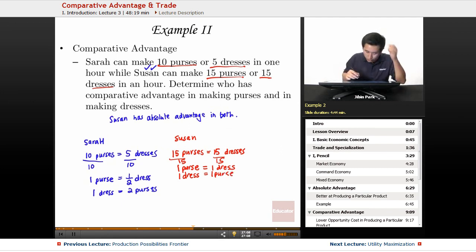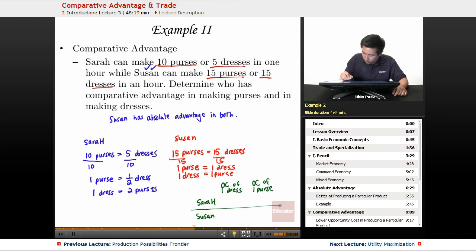So again, you set this equation up here: the opportunity cost of 1 dress and the opportunity cost of 1 purse, for Sarah and for Susan. Now you're just filling in the columns.